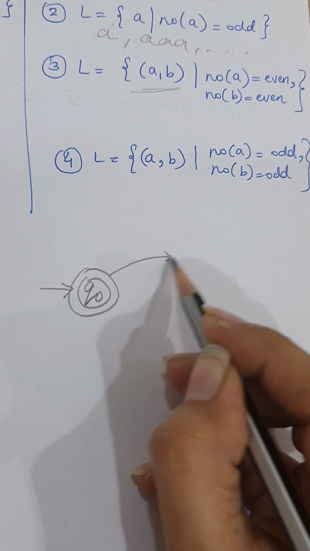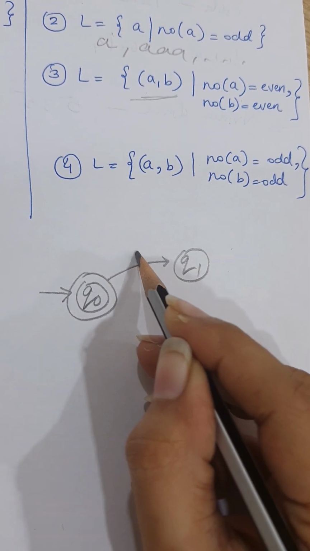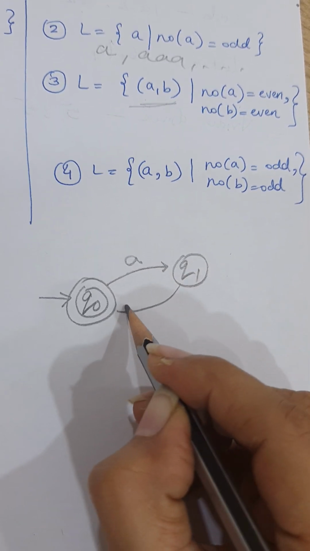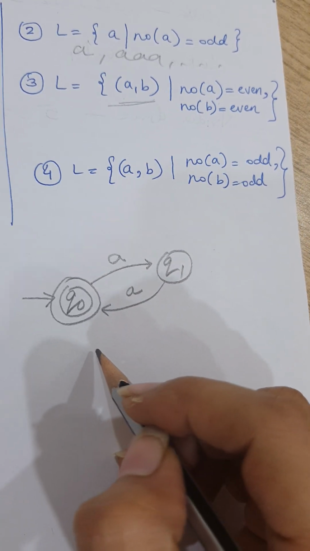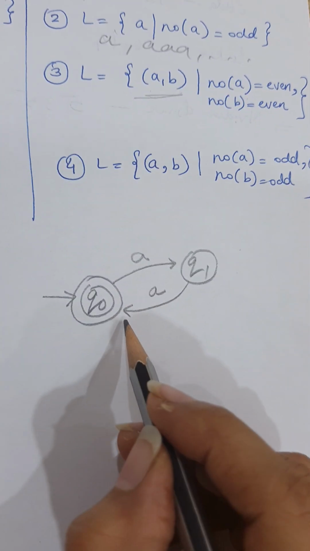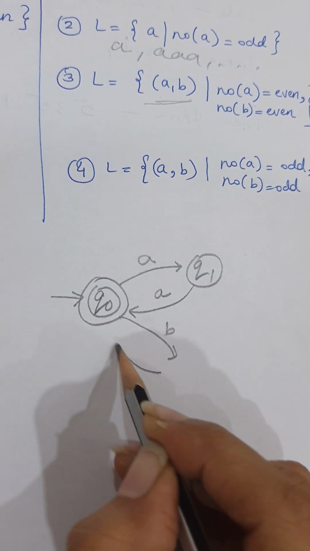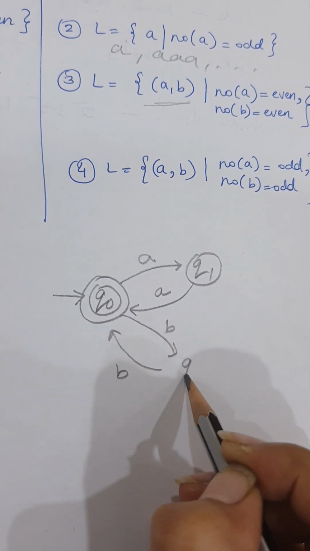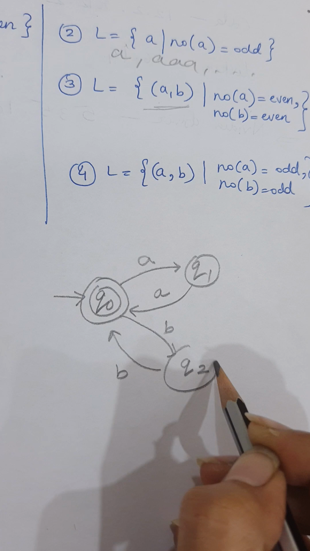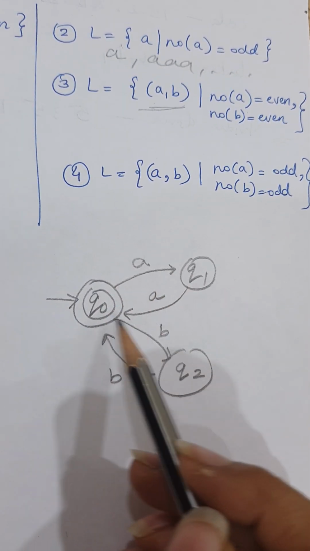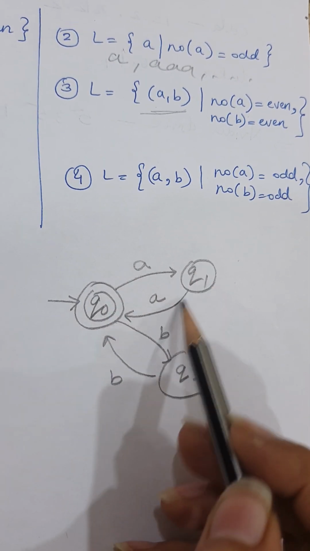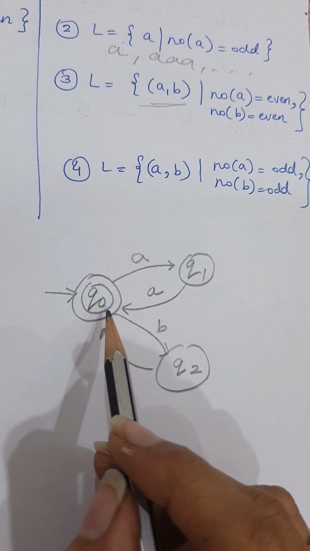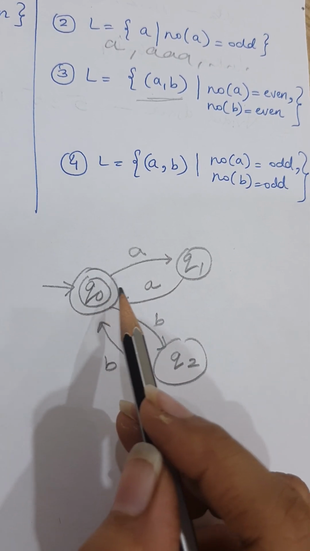If I have only A, this is for only A. If I have B, then here it is for B. So even number of A's, 0 or 2, and again 0 B's or 2 B's.